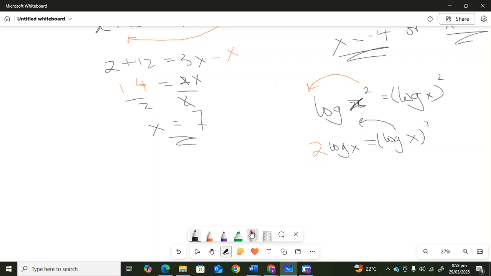We take this 2 log x to the right-hand side, over the equal sign, because these are like terms: there's a log x here and a log x there.